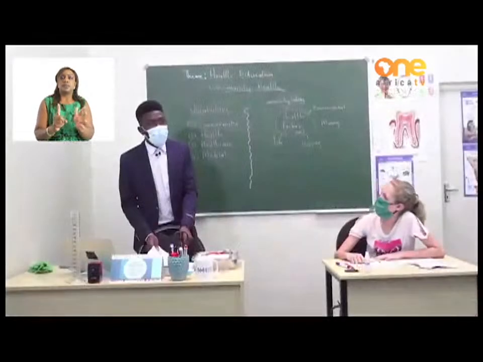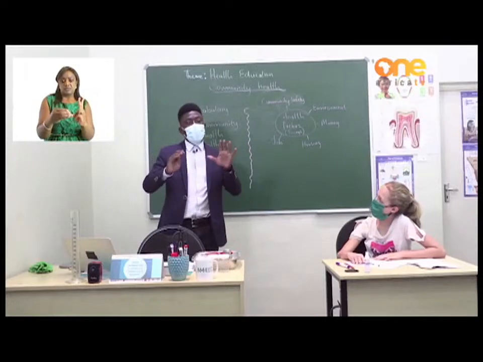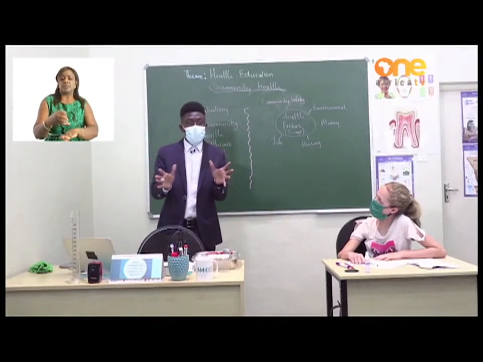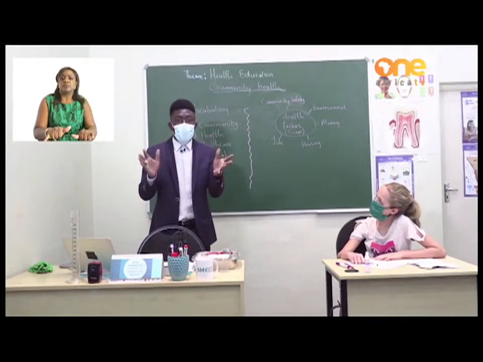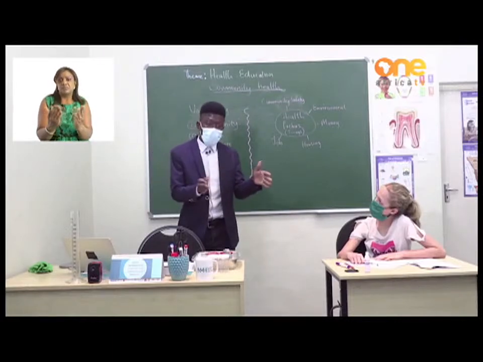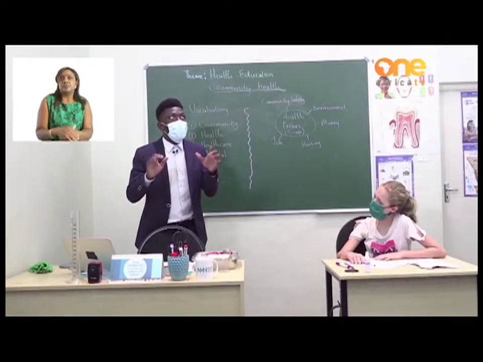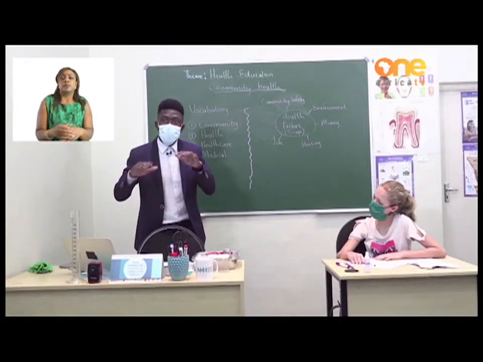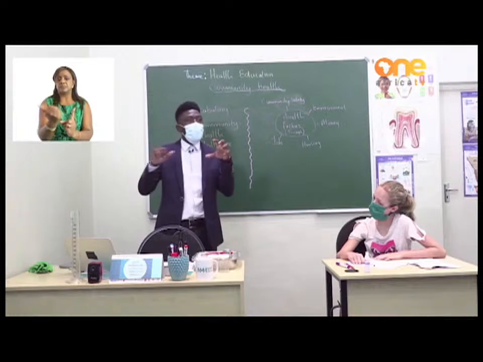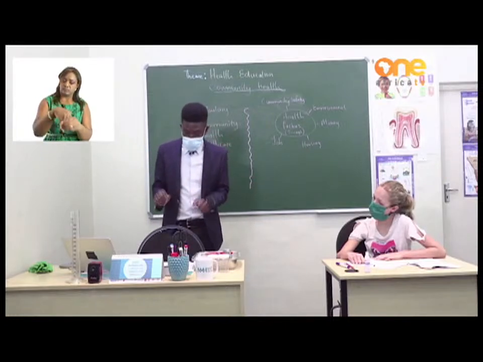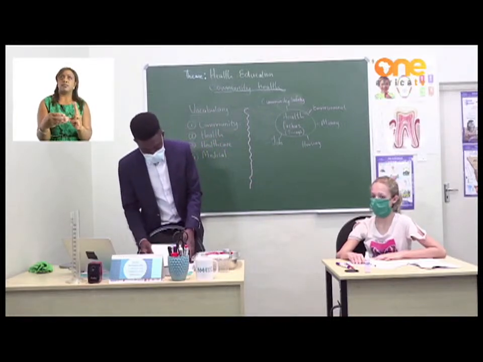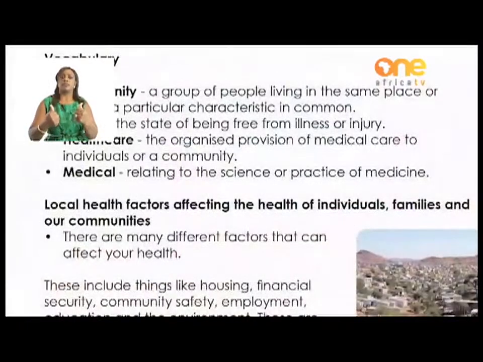This means your community is basically your area where you live, be it at home or at school, or any other location where you interact with the people or the animals that are around you. Right. Health. The state of being free from an illness or injury.